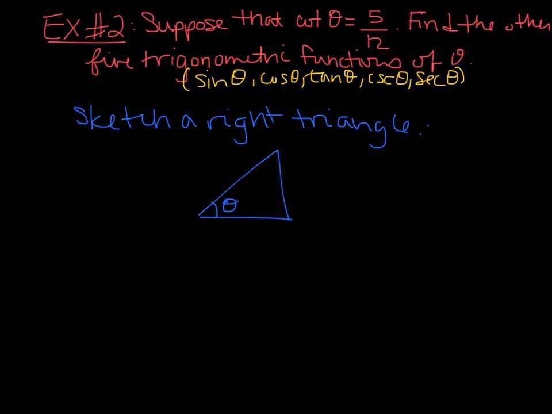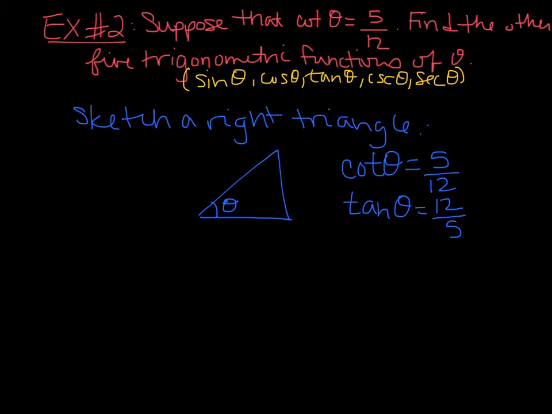And so then what I know is that cotangent of theta is 5 over 12. To be honest, working with cotangents is a lot harder than just working with tangents. So if you want, you can rewrite it as tangent of theta equals 12 over 5. This is much easier to deal with.